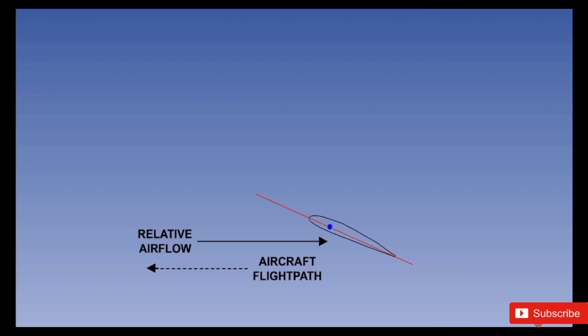Secondly, its condition is that it is the air close to but unaffected by the presence of the aircraft, that is, its temperature, pressure and velocity will not change when the aircraft passes through it. Thirdly, the relative airflow's magnitude is the speed of the aircraft through the air, that is, the true air speed.